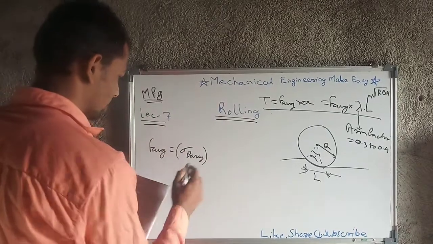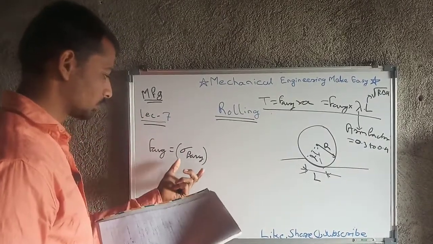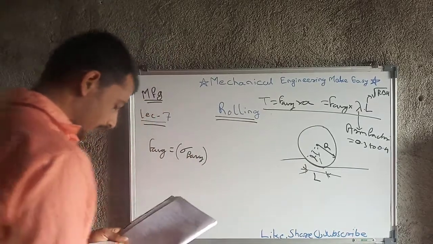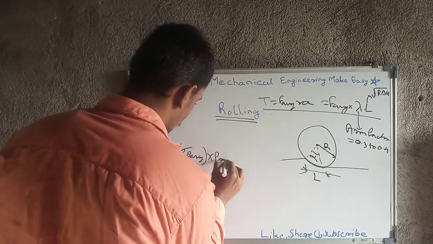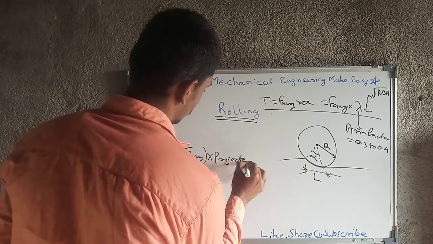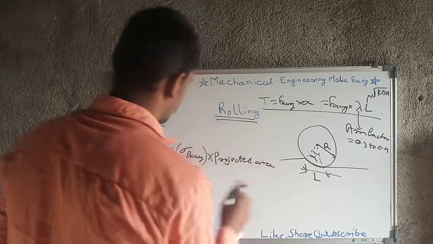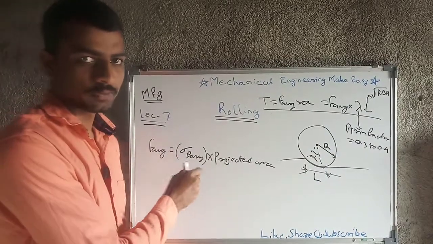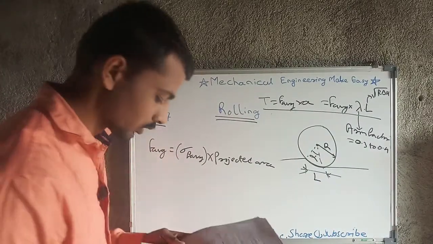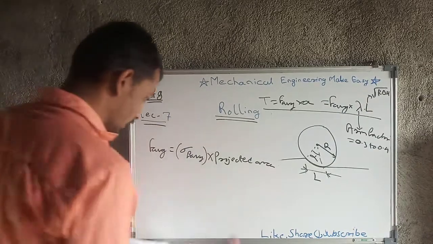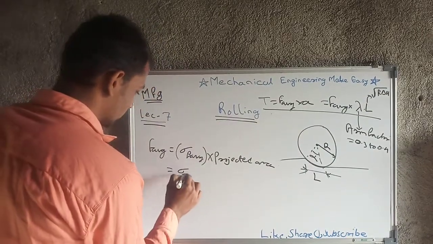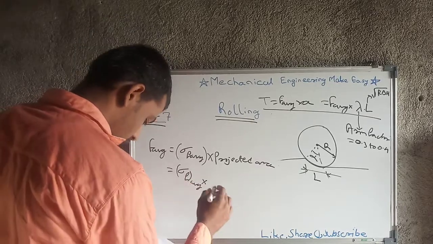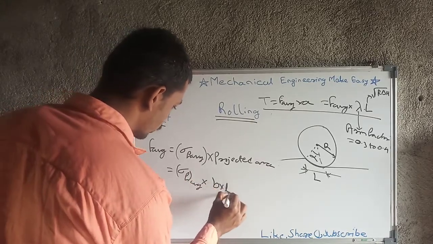In that video I have given you an idea about what flow stress is and what average flow stress is, into projected area. F average, that is average force, is nothing but the average flow stress into the projected area. Okay, and what exactly is the projected area? Projected area is nothing but sigma F average into B into L.